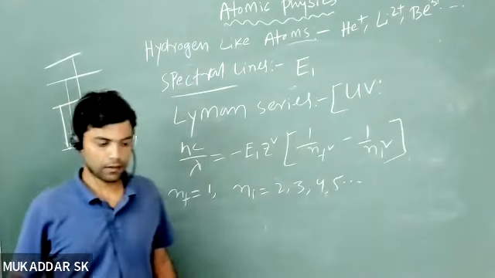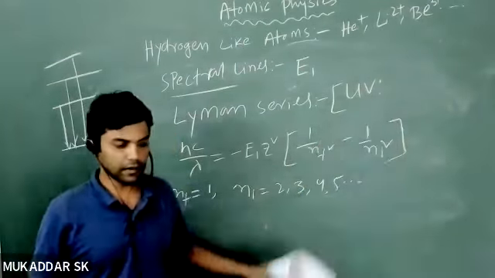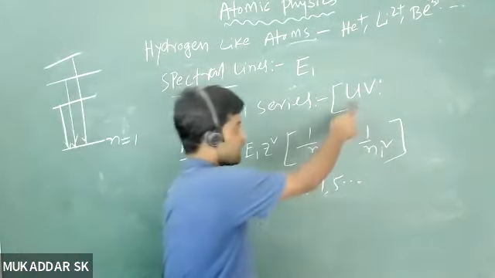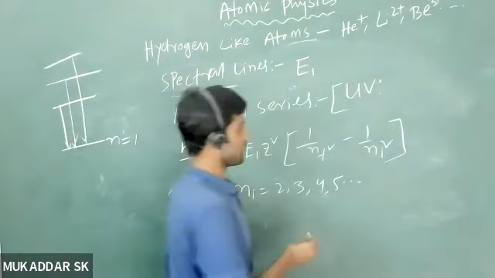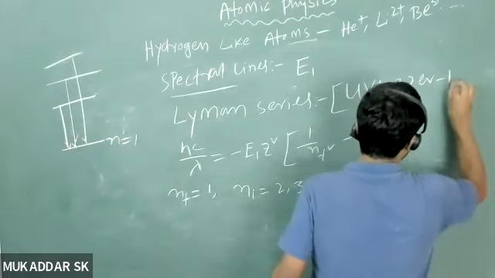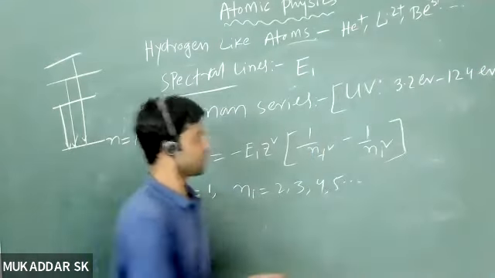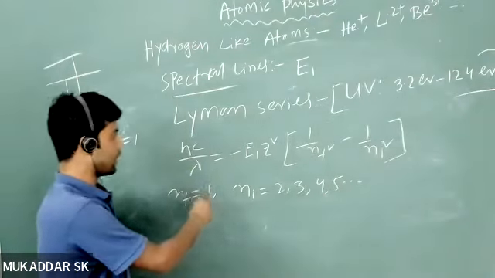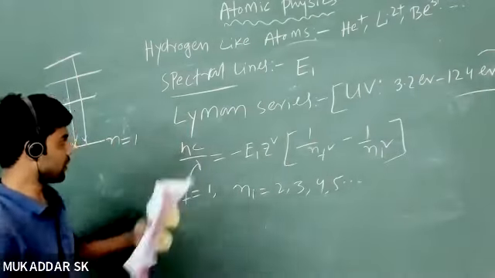UV energy is higher than visible light, right? And that energy range is basically 3.2 electron volt to 12.4 electron volt. This is the energy range of UV light. So all the Lyman series lines you will get in the UV range. So this is your Lyman series.